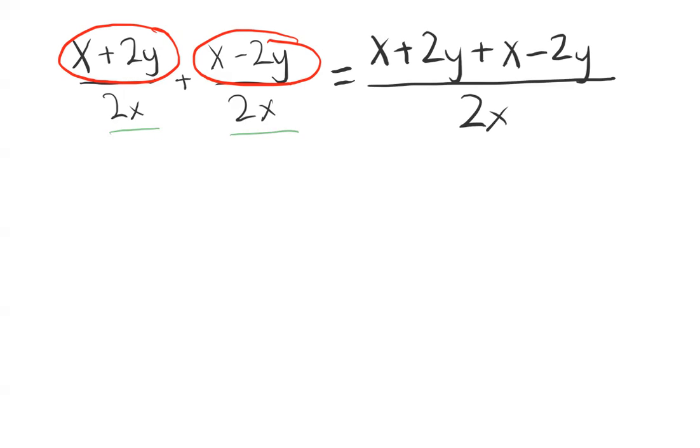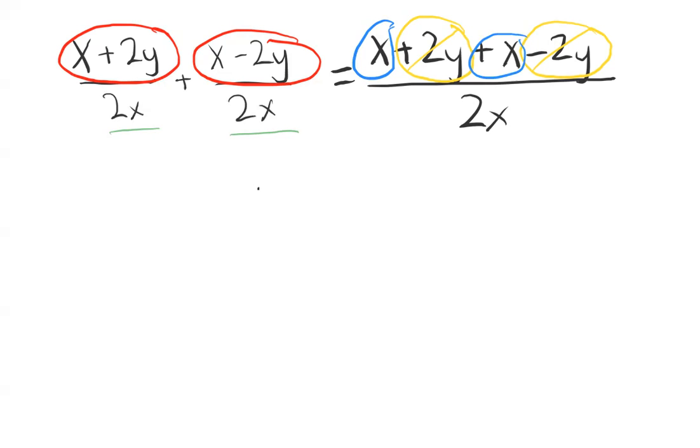So now, because we have multiple variables, we're going to want to combine like terms. We have these y variables here, a positive 2y and a negative 2y. Because those are equal to each other but in opposite directions, they cancel out. What we're left with are these two positive x's, so we can simply add those together.